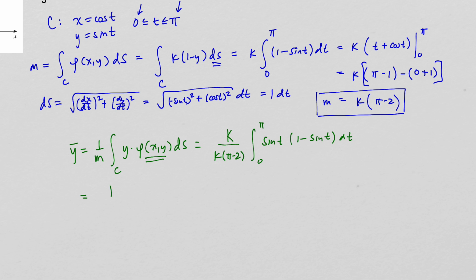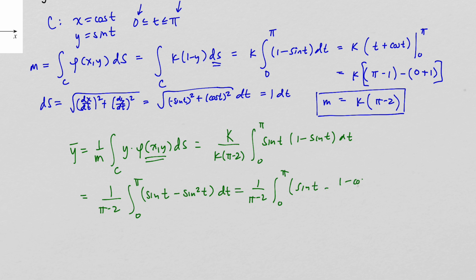This is going to be 1 divided by pi minus 2 times the integral of sine of t minus sine squared of t dt from 0 to pi. Now to integrate this, of course, we need to use a half angle identity. So we're going to have the integral from 0 to pi, sine of t, and then minus sine squared is 1 minus the cosine of 2t, all divided by 2, dt.